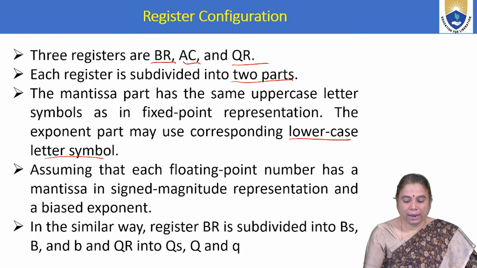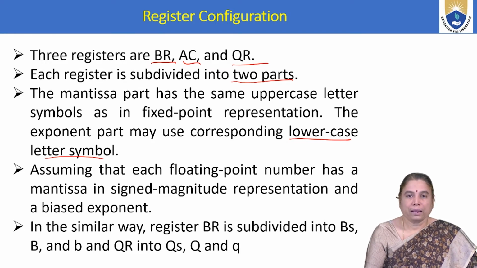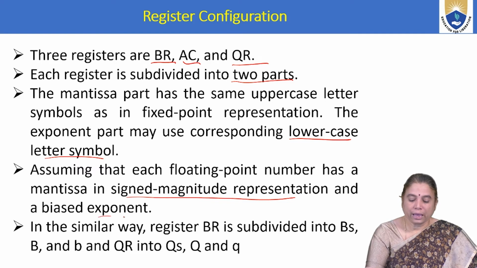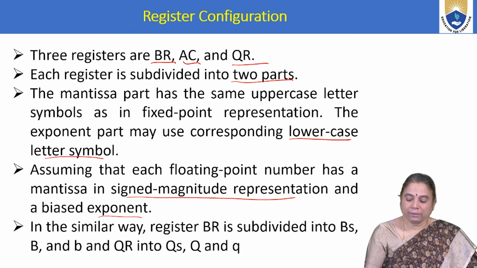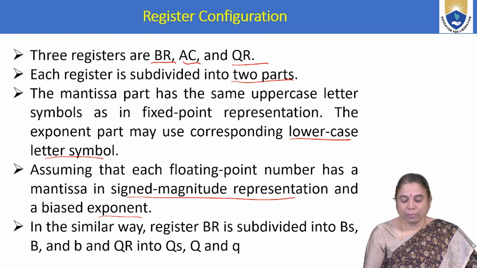Assume that each floating point number has the mantissa in signed magnitude representation and a biased exponent. In this way, all three registers, BR, AC and QR, can be represented. BR is divided into BS, B and small b.